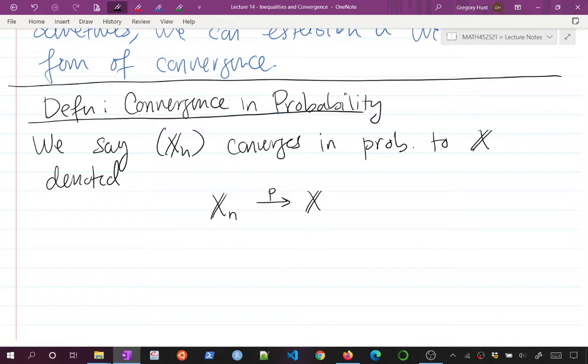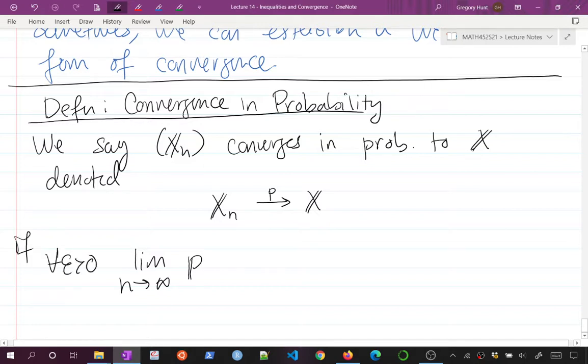We say that Xn converges in probability to X if, for all potential thresholds epsilon we can choose, the limit as n goes to infinity of the probability that |Xn minus X| is less than epsilon is 1.